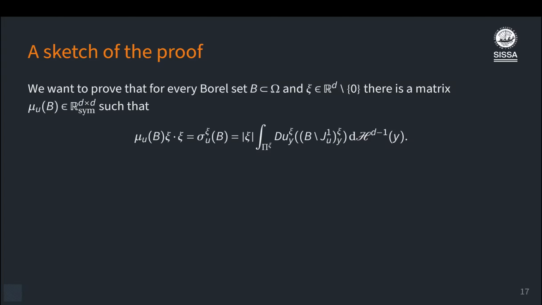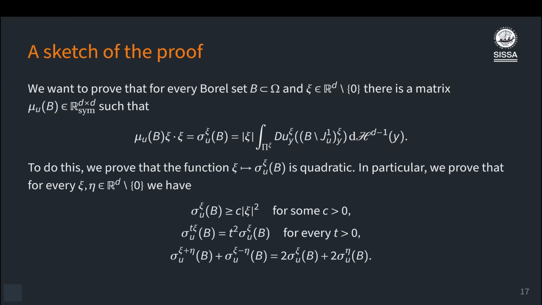If it is a quadratic function, then there should exist a matrix that does this job. So what we want to prove is that these three properties are satisfied. Our map sigma psi of u, as a function of psi for a Borel set B fixed, should be lower bounded. This is easy to check. It should be two-homogeneous.